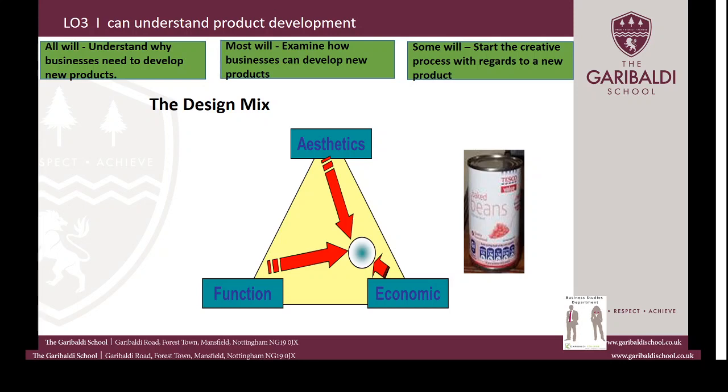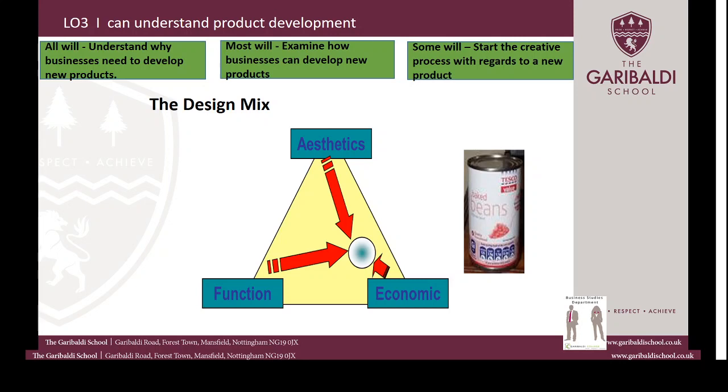So it's not as important for these beans to look good. It's not as important for them to taste amazing because they are a value product. So all products will fall somewhere within the design mix.